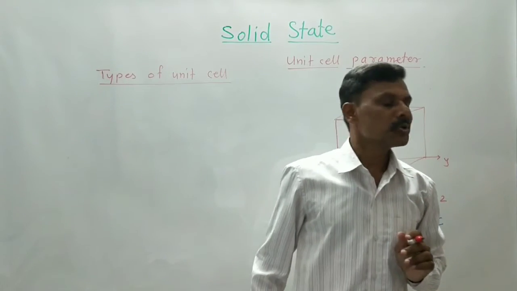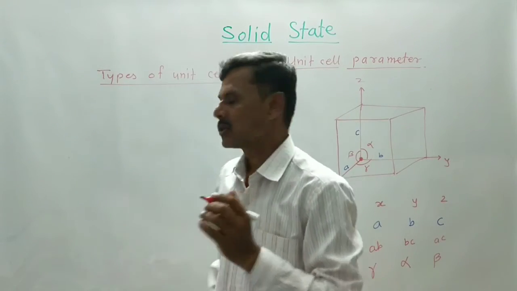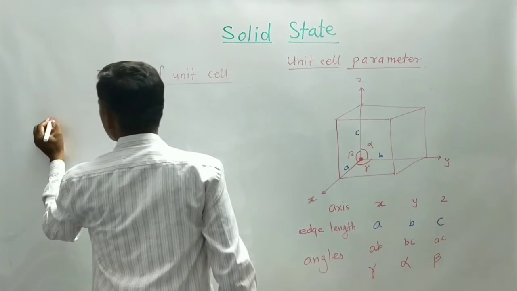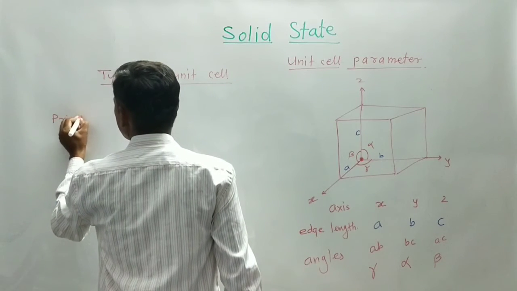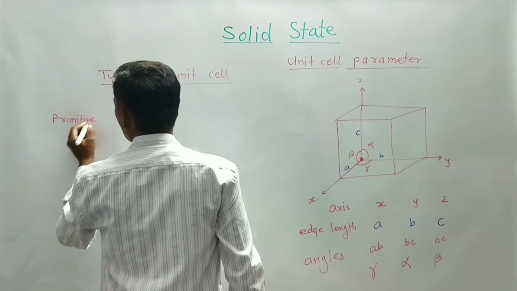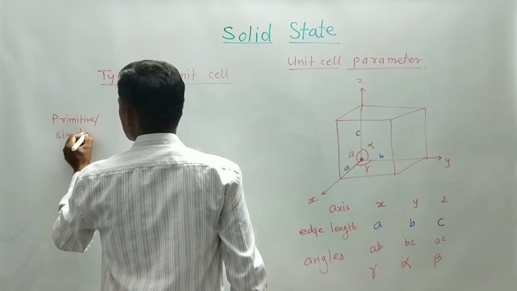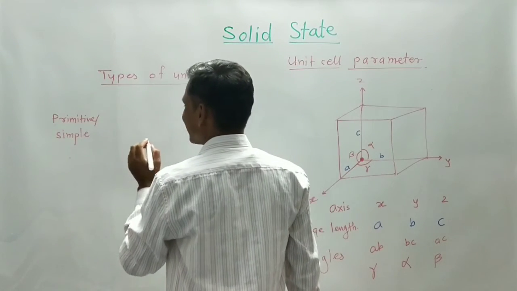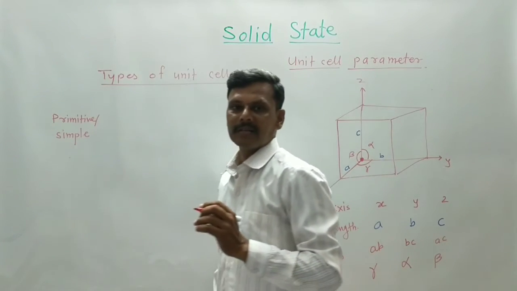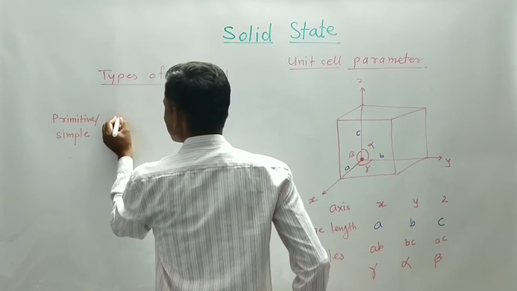Friends, these unit cells are divided into four types. The first type is primitive, or it is also called simple unit cell. The second type of unit cell is body centered unit cell.